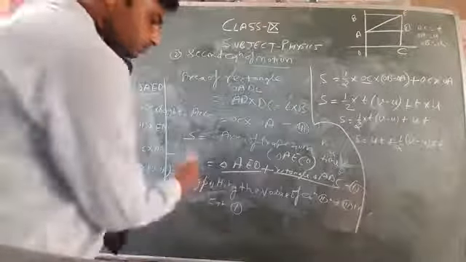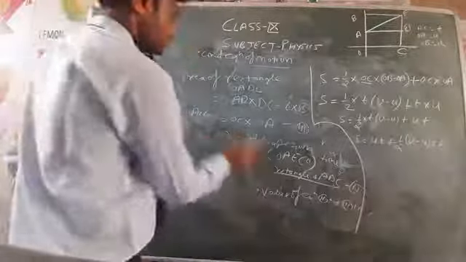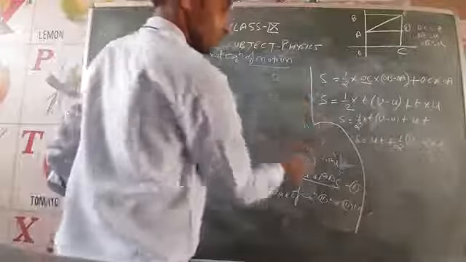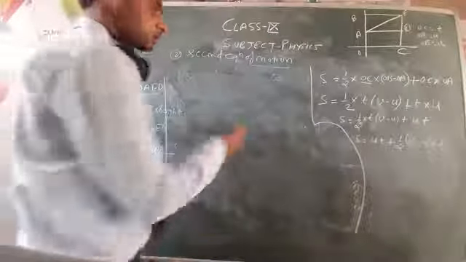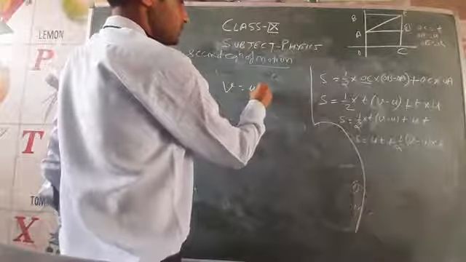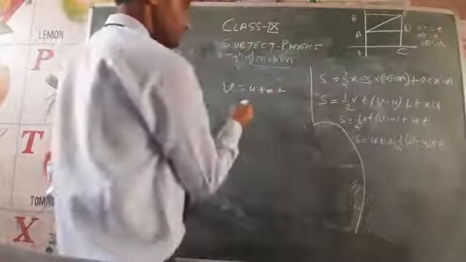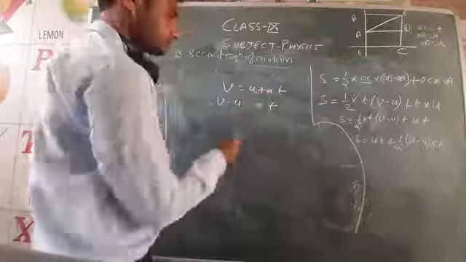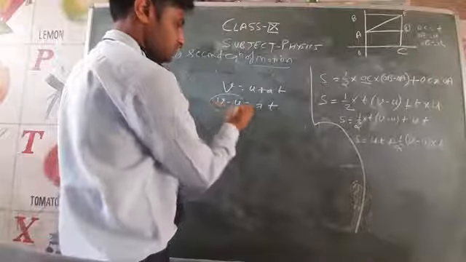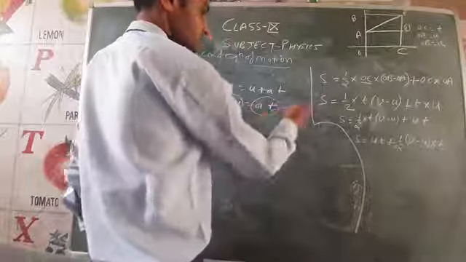So by using the first equation of motion, as you know, the first equation is v equals u plus at. So v minus u is equal to at. Let this be equation 4.